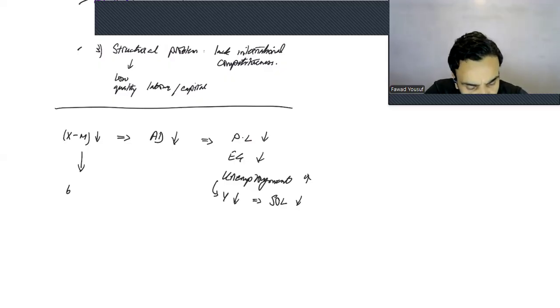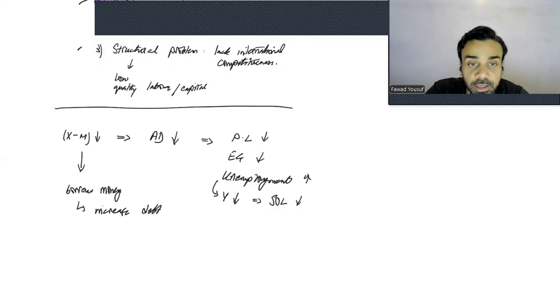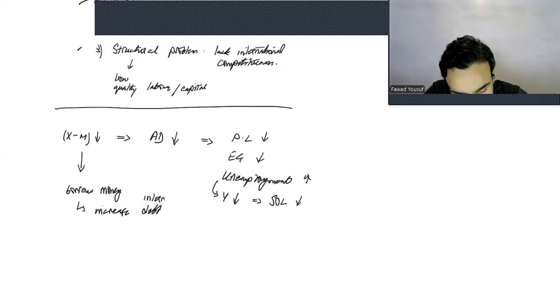So we have to borrow money, and that increases the debt. And that is not local debt, it is international debt.